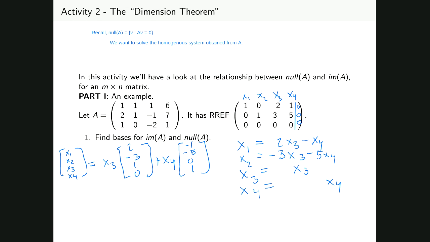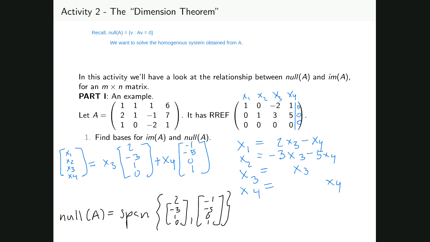Okay, so these are our basic solutions, and now we can say that the null space of A is the span of those two guys. Okay, very good. So there's our basis for the null space of A. And this is exactly the same process as solving the basic solutions of a homogeneous system.